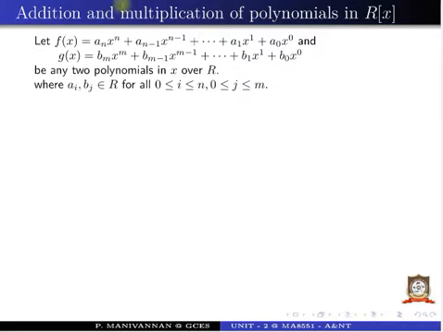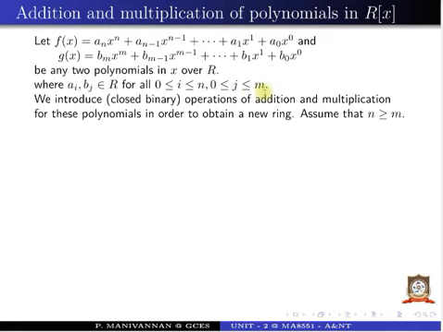Let f of x equal a n x power n plus a n minus 1 x power n minus 1 plus etc. plus a1 x power 1 plus a naught x power naught, and g of x similarly, be any two polynomials in x over R, where a i, b j belong to R for 0 less than or equal to i less than or equal to n, and 0 less than or equal to j less than or equal to m.